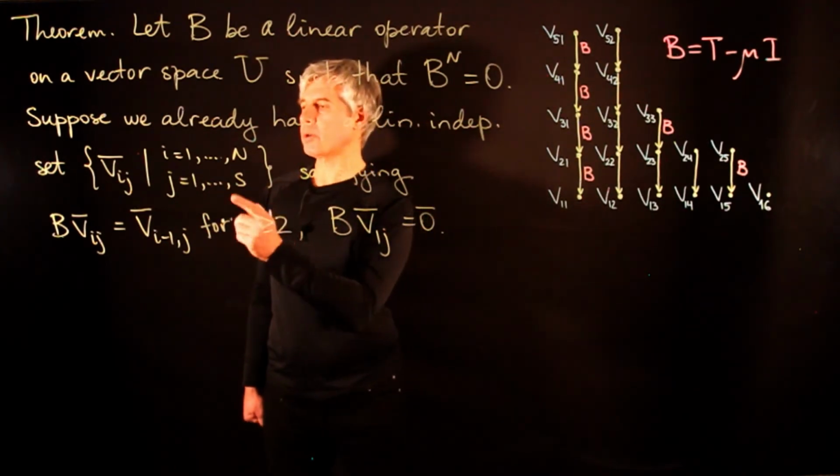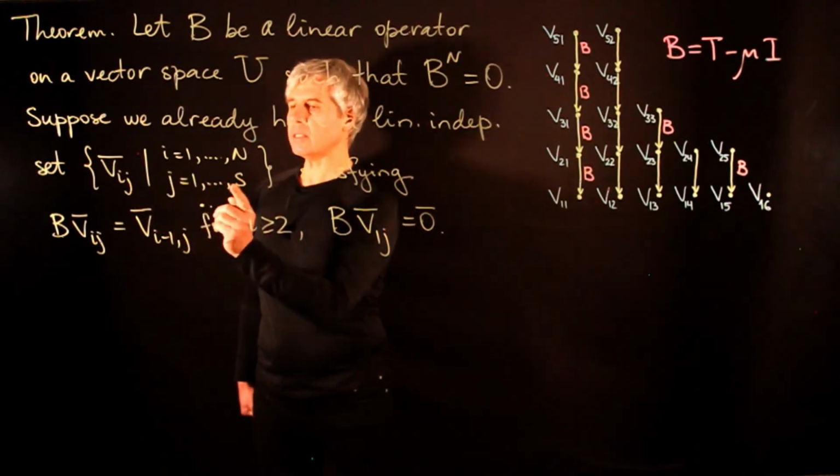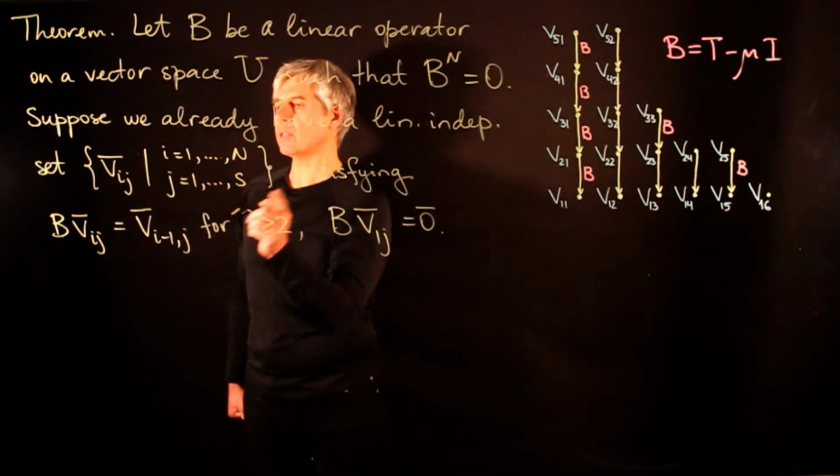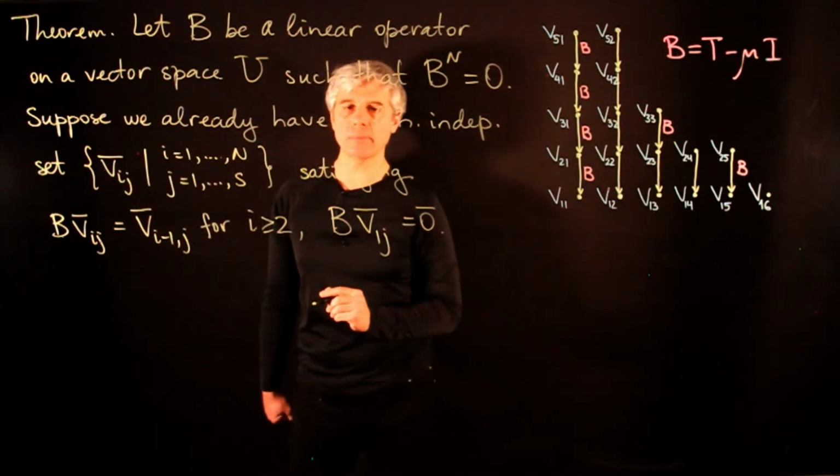So here we already have s strands of length n, and we are given that this set of vectors is linearly independent.